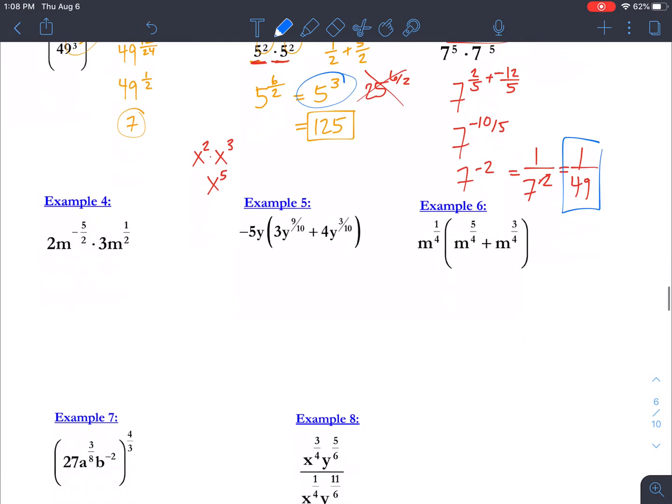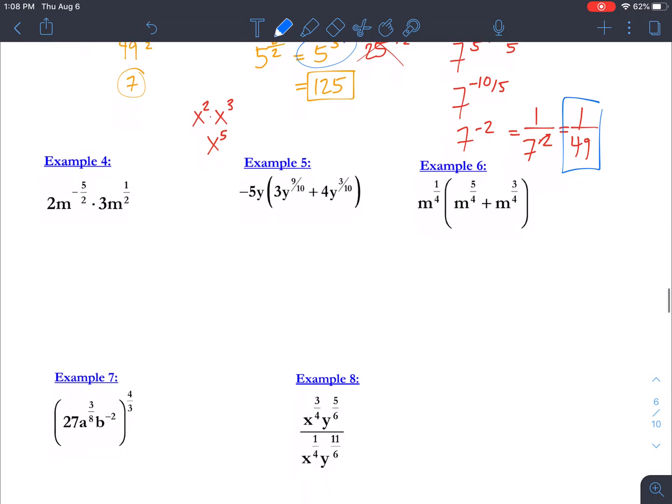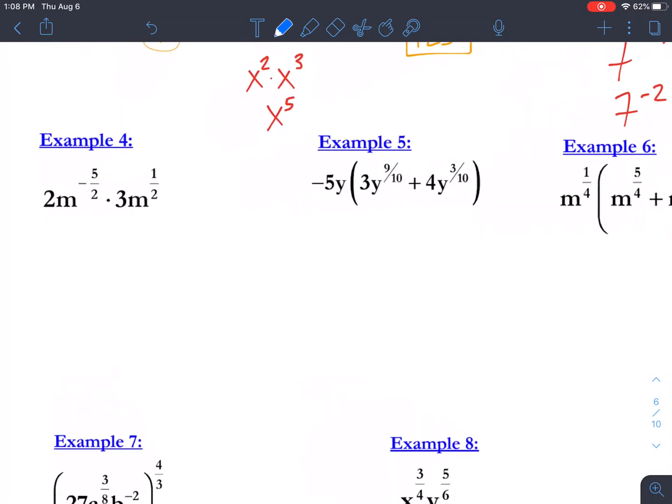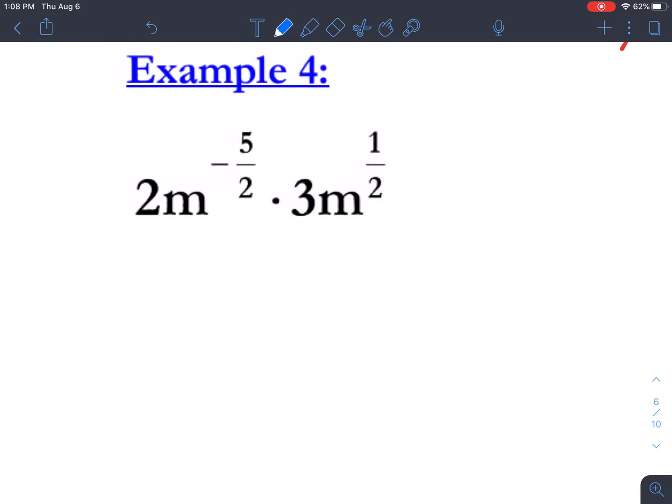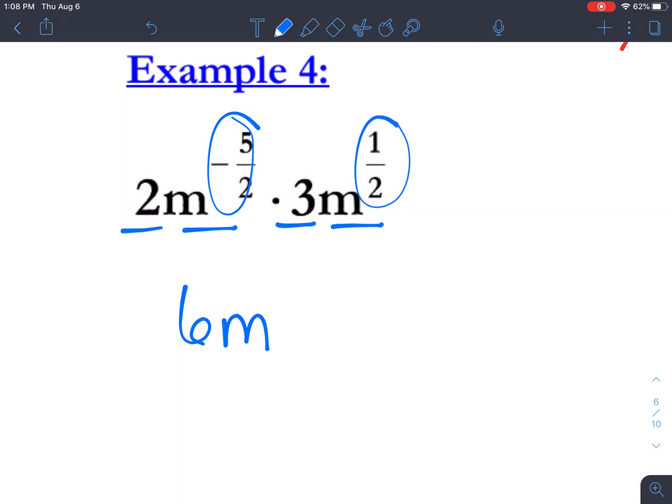Okay, we're going to try a few more here, and then we have some we'll do in class. So take a look at 4. 4, we're multiplying two things together. 2 times 3, 6. Don't forget that those numbers that are just coefficients, those act like normal. So if we're multiplying, you multiply them. Then I've got m and m. We have the same base, we keep it, and we add the exponents. -5/2 plus 1/2 is -4/2.